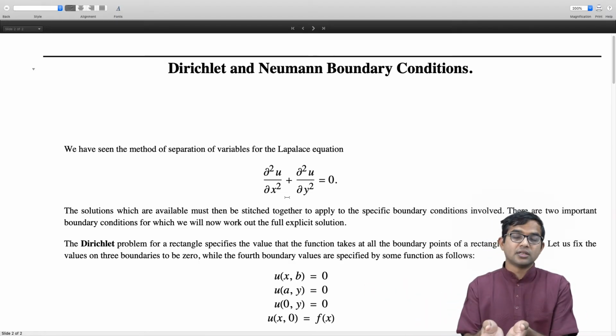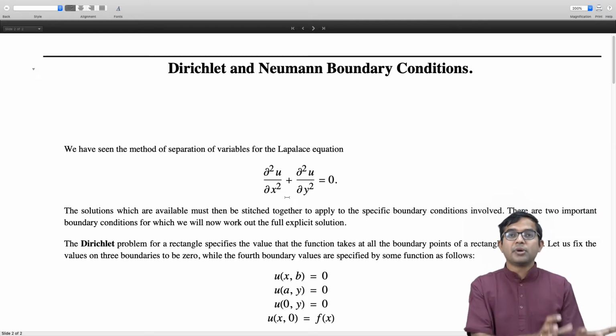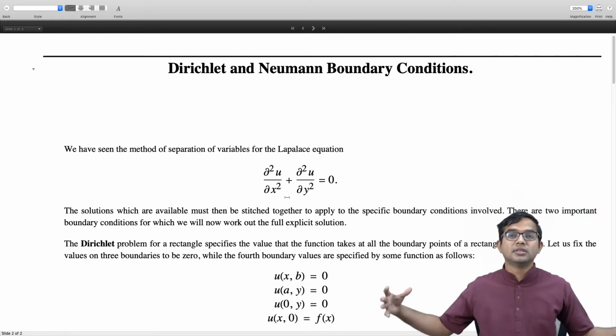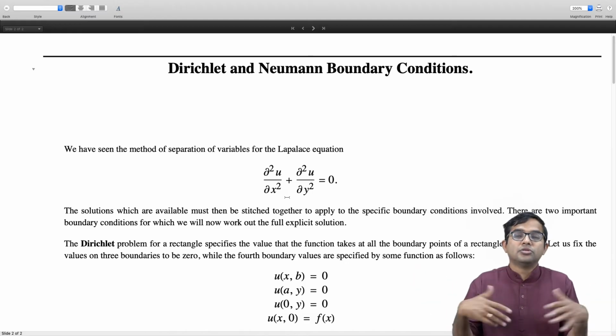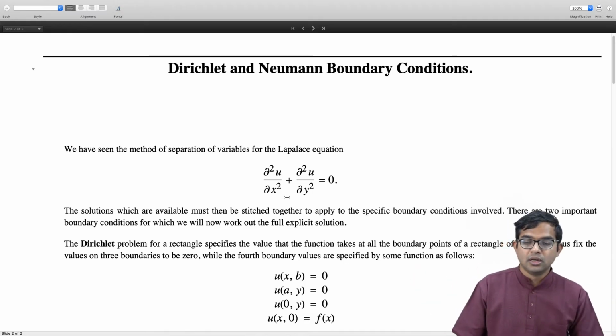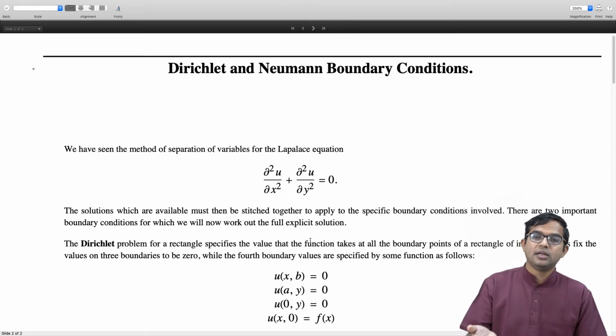Using the method that we are going to describe here, you can separately work out the solution for each of these and simply add them all up, and that will be the solution for the overall problem with the full boundary conditions. It is for that reason that it's enough to study this particular case.